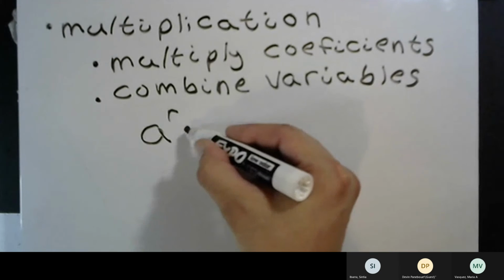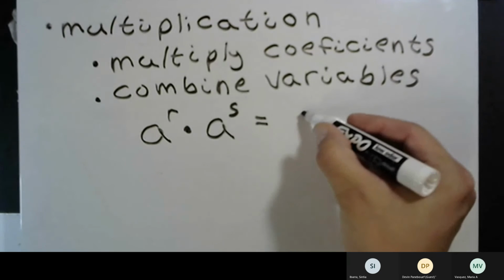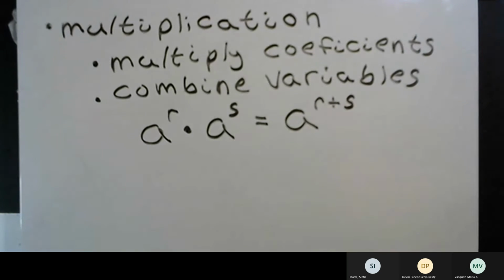A to the R times A to the S will be A to the R plus S. We're going to use that rule to make these two terms into a single term.